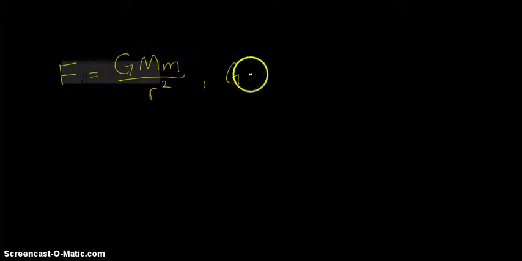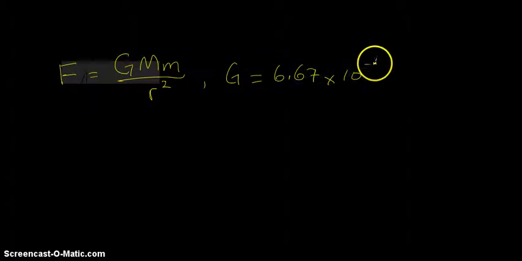Now big G is actually quite small. It's 6.67 by 10 to the minus 11 newton square meters per kilogram squared.